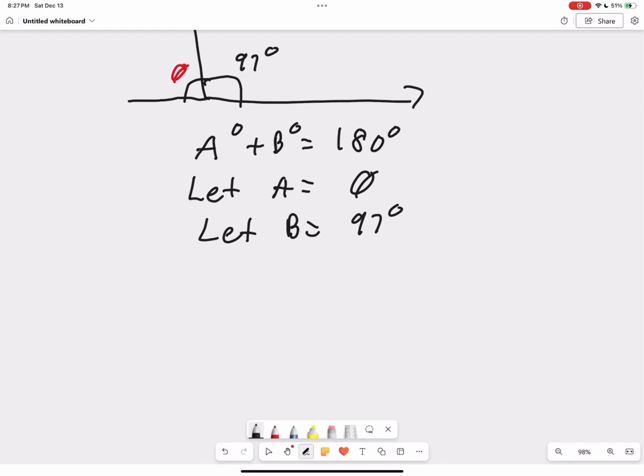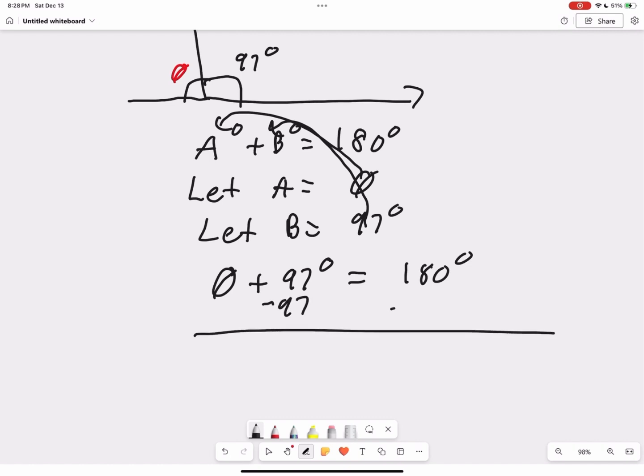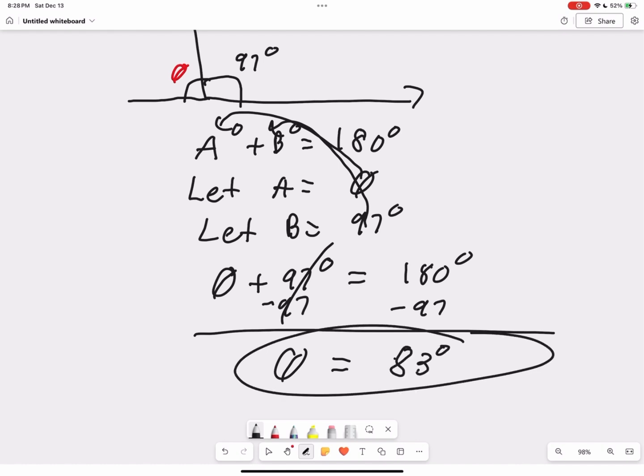Plug A into this and plug B into here. So we get theta plus 97 degrees equals 180 degrees. Then we subtract, and we get theta equals 83 degrees.